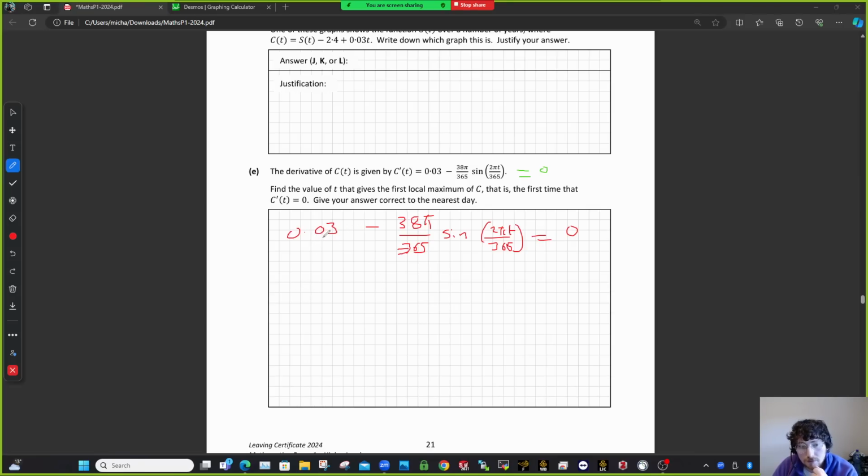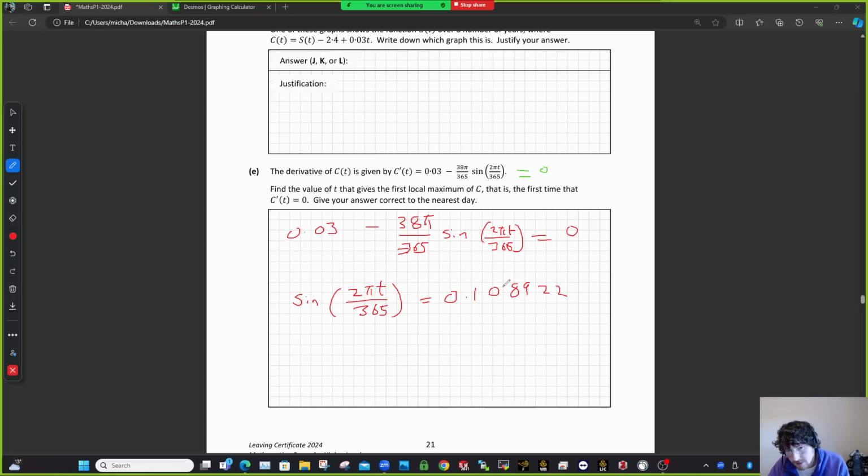It'd be minus 0.03, then you drop the minuses, and then you multiply both sides by 365 and divide both sides by 38 pi. I'm sure most people will be able to do that. So what I'll write is just the sine on its own on the left side, and it's equal to a value of 0.108922. Four decimal places would be loads, but I kept 6 here for a bit of accuracy.